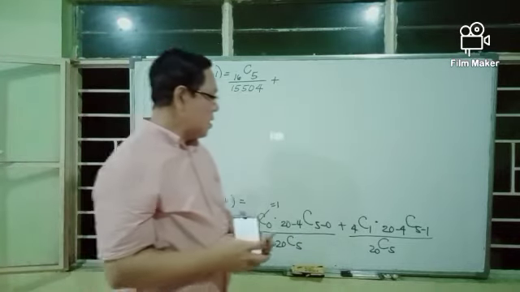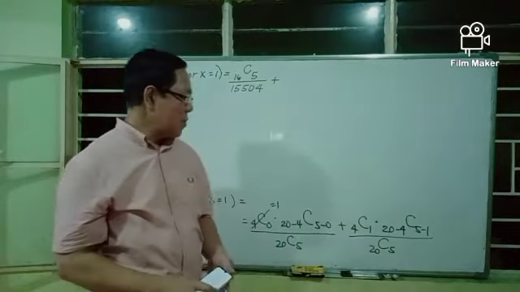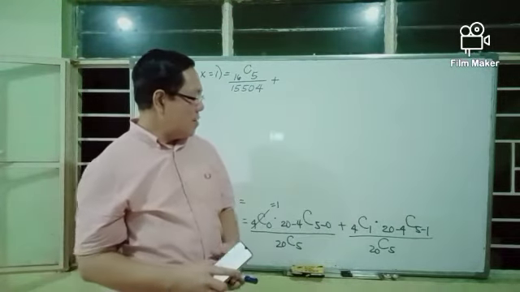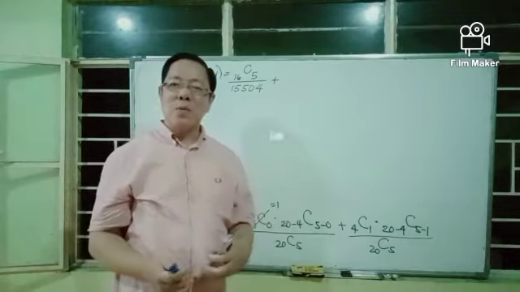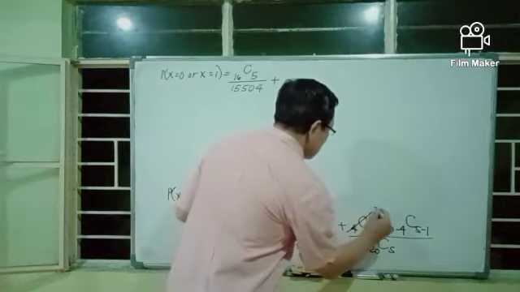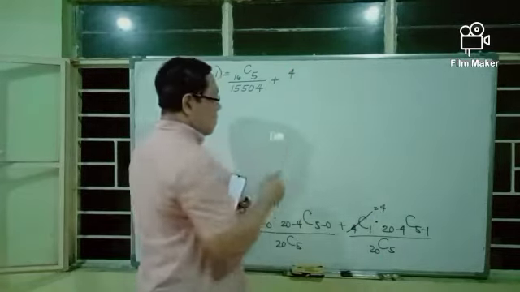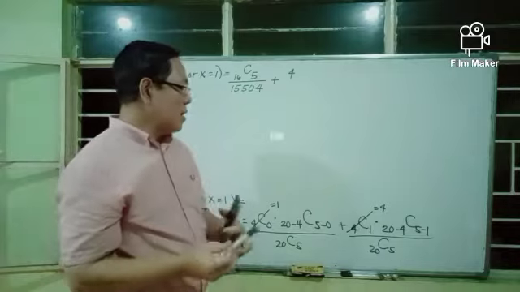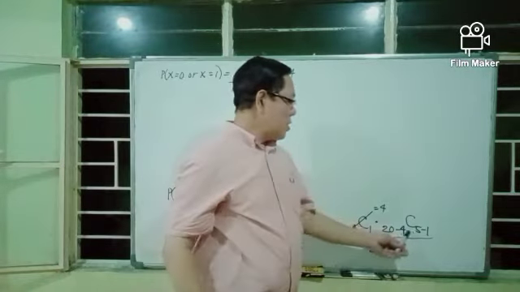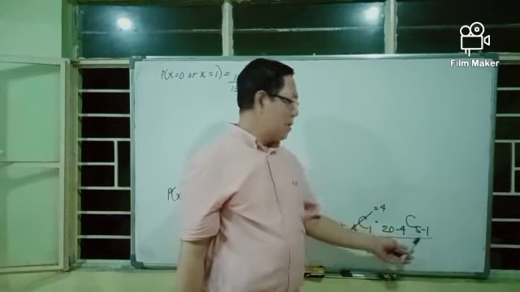The second term, we compute combination of 4 taken 1 using our calculator, and that should give you 4. 4 multiplied by combination of 20 minus 4 is 16, taken 5 minus 1 is 4.